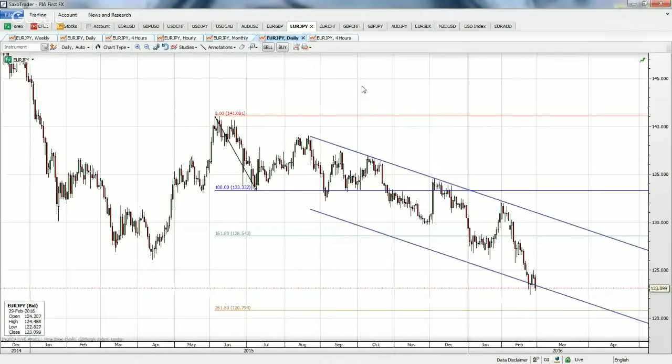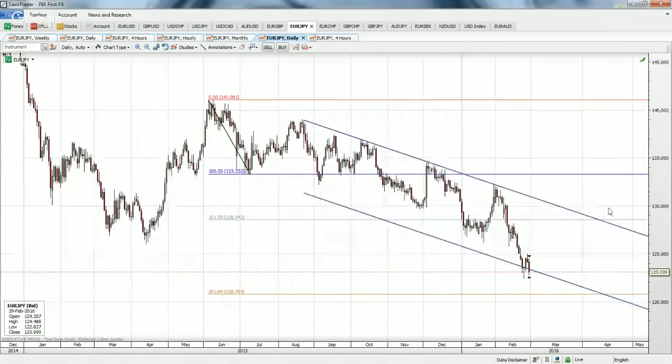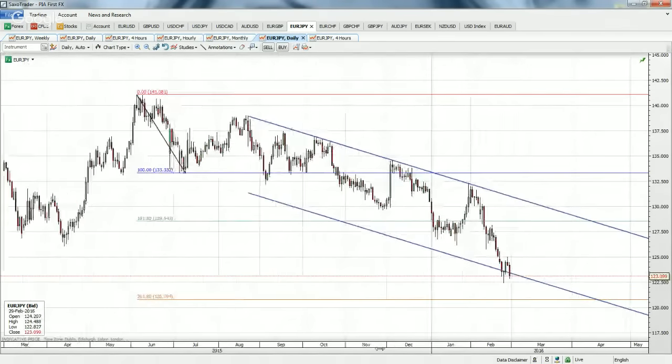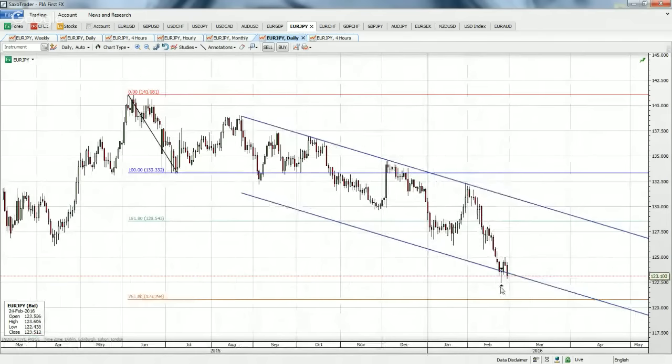Again, even breaking down into this time frame, and this is the daily chart, we did post a morning star formation from Wednesday onwards last week, or Tuesday, Wednesday, Thursday. And then the rally was sold into on Friday, and we've continued that move to the downside.